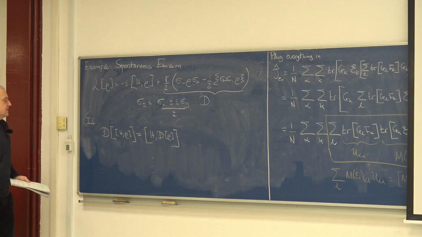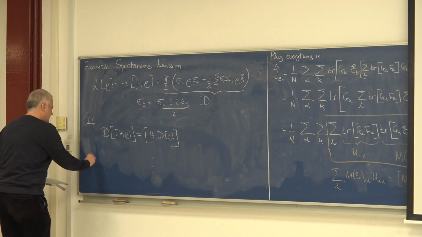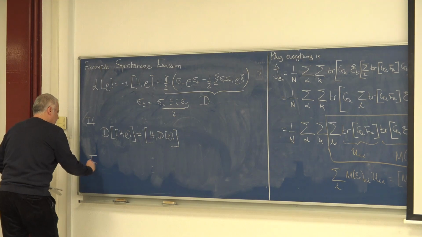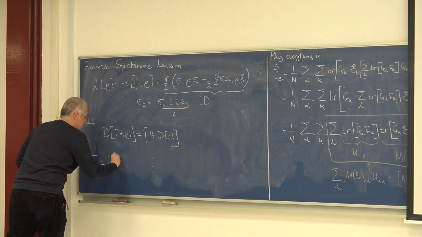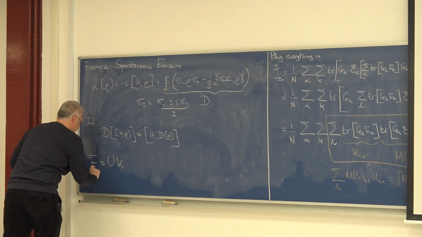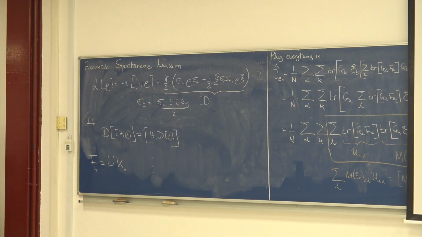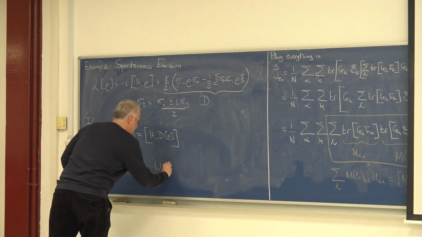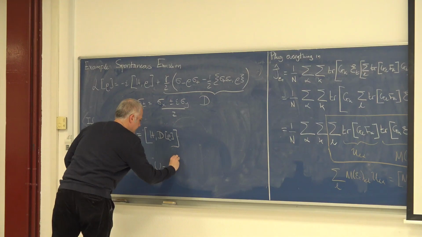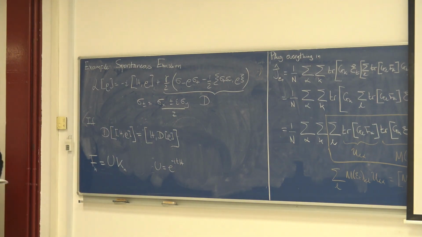If your Hamiltonian and your dissipator obey this equality, then the Kraus operators with the Hamiltonian are equal to U times the Kraus operators without the Hamiltonian. Okay, and this U is this. Okay?